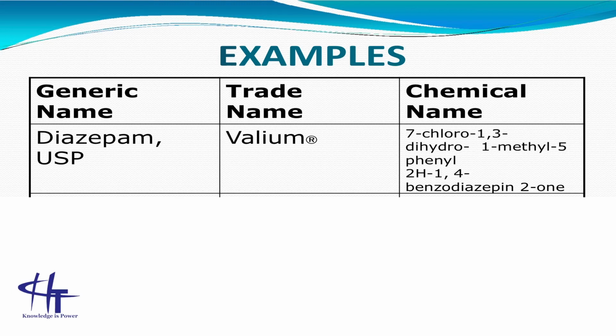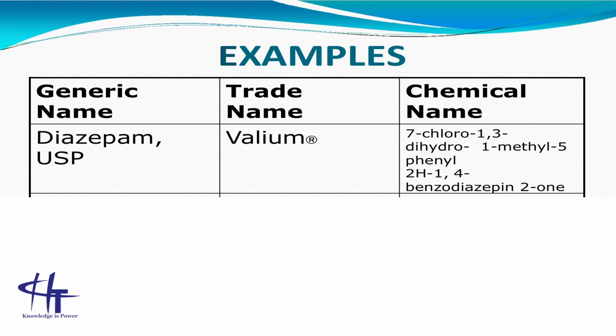And then the chemical name is 7-chloro-1,3-dihydro-1-methyl-5-phenyl-2H-1,4-benzodiazepin-2-one. So in other words, that is the chemical name, and as you can see, it is quite complex, and so we shall not by any way subject you to this.